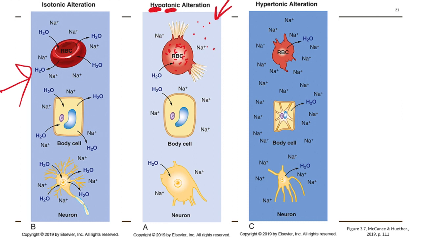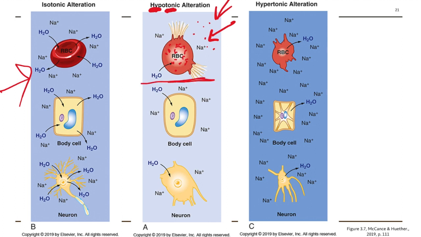We've got an area of low concentration of particles and an area of high concentration of particles. You can think of it as oncotic pressure if you want, but the way I think of it is just basic osmosis. The water wants to move from an area of low concentration to an area of high concentration because it wants to even these spaces out.